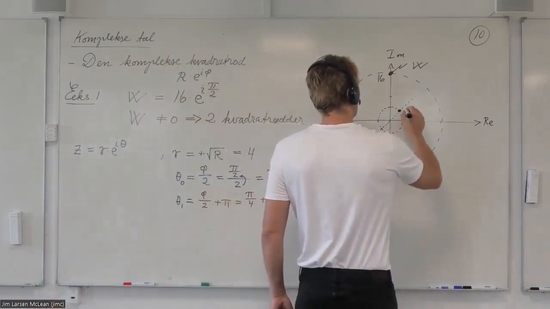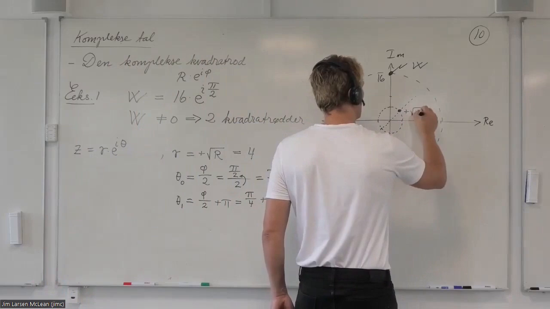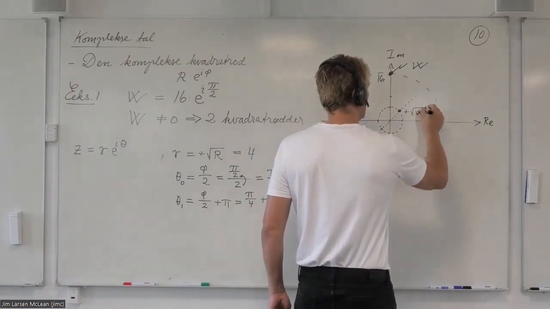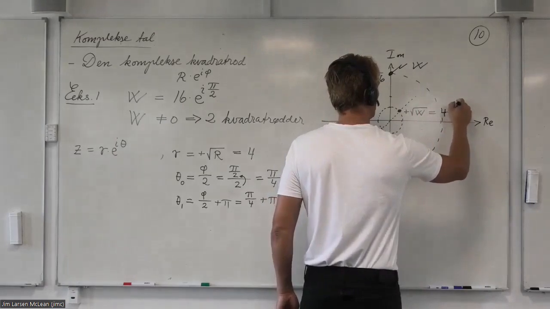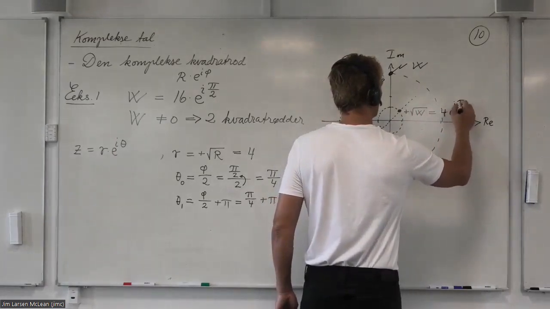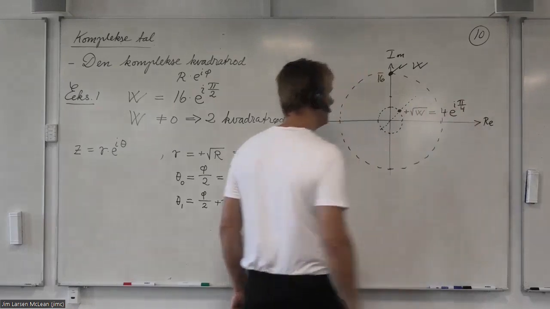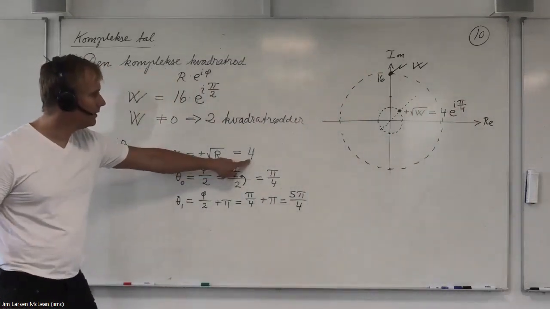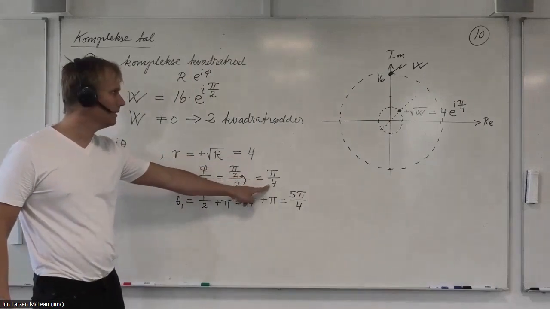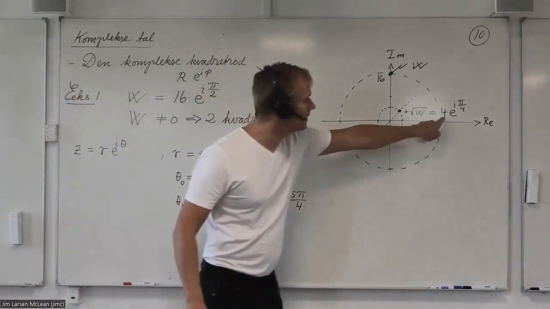So here lies, now I just have to go to w. And this can be written as the number 4 times Euler's number raised to the power of i times pi over 4. So I've used that r value, which was 4, and I've used that theta 0 value, which was pi over 4. So I get the one square root that lies there.